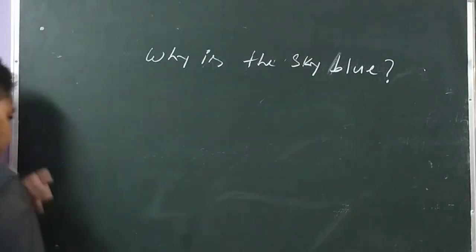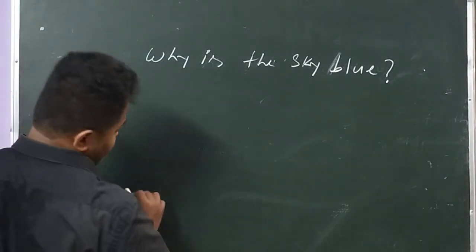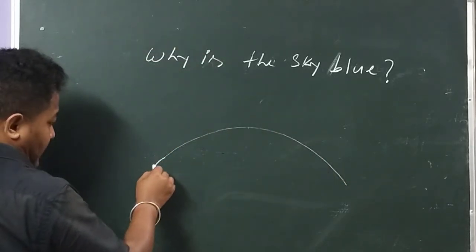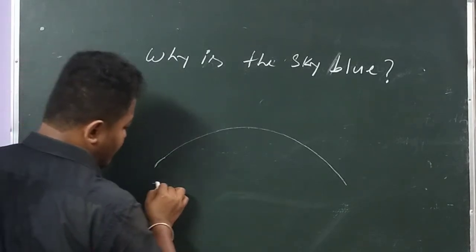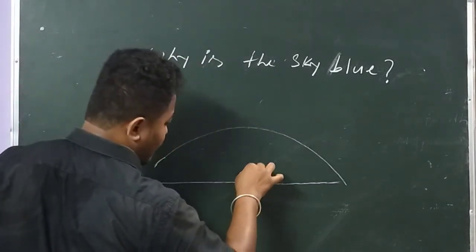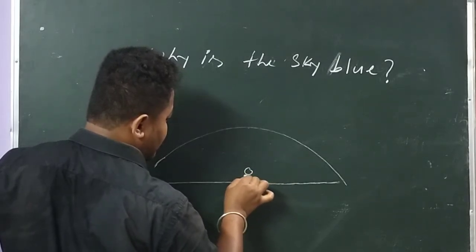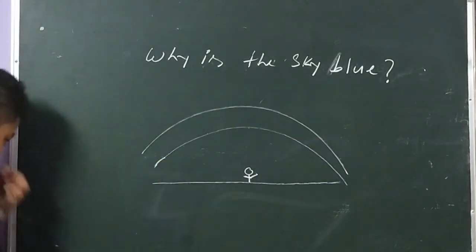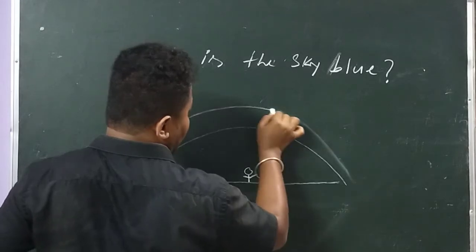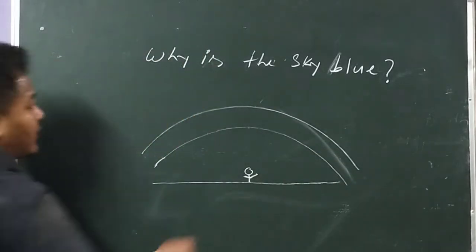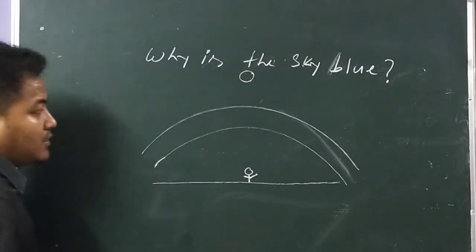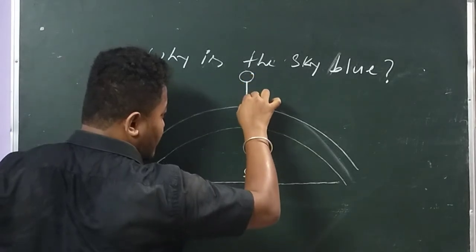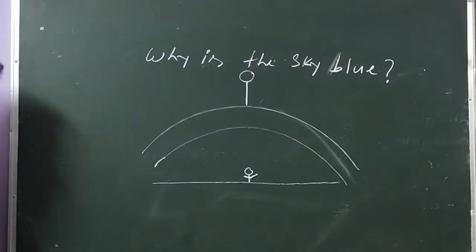Suppose this is the Earth's atmosphere, this is the surface of the Earth, and here is the observer. And somewhere this is the sun. Once the sunlight passes through the Earth's atmosphere, what will happen?